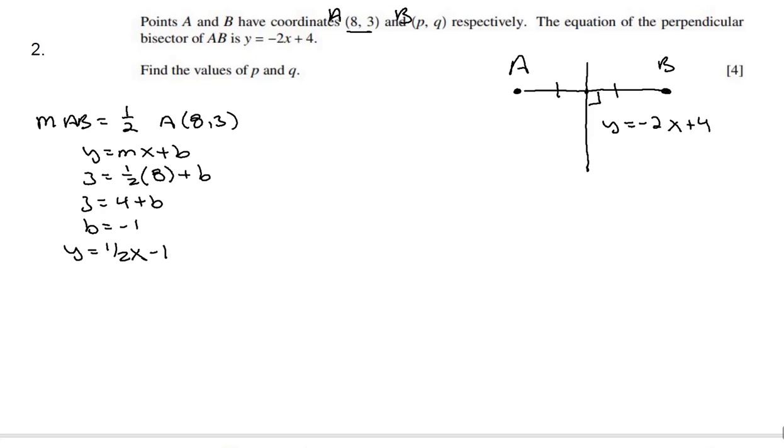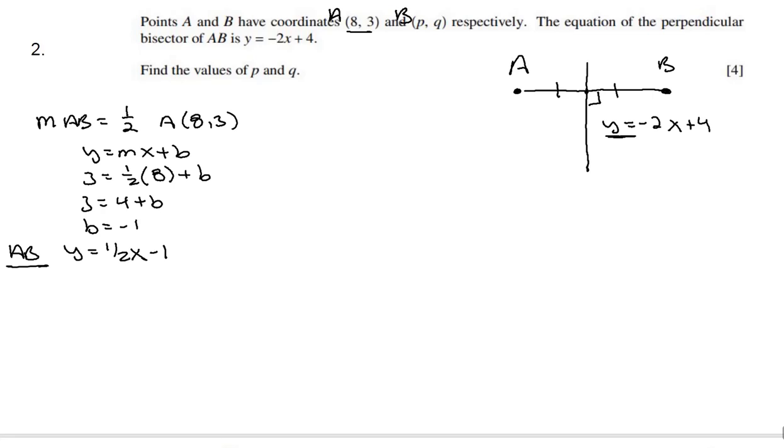All right, now that's AB. Now, how can I use that to help out? Well, I know that these 2 lines, AB and the perpendicular bisector, must intersect.